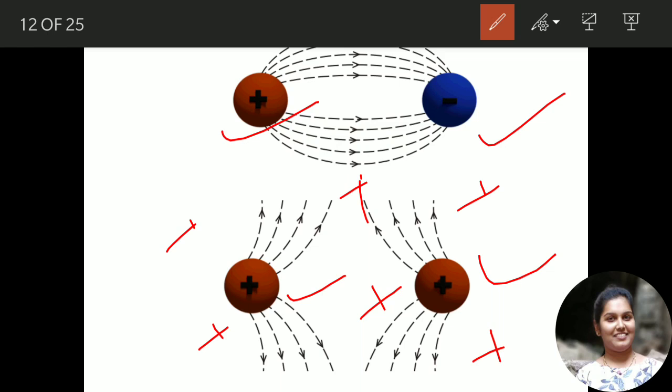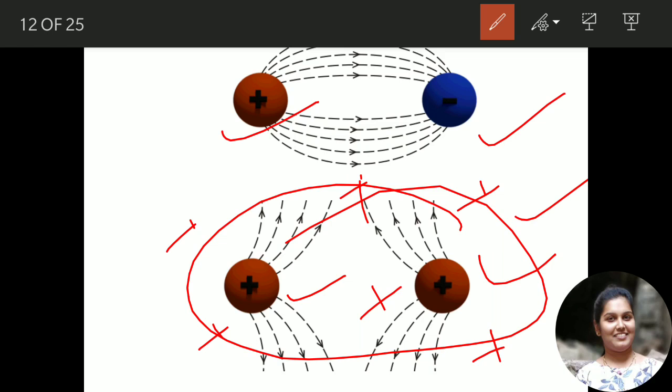Based on this, the electric lines of force between these two positive charges can be drawn like this.